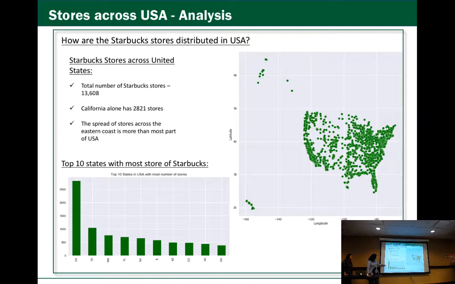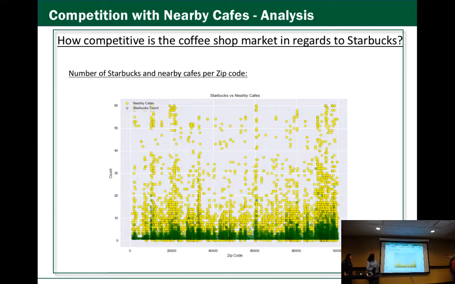California is number 1. Although Washington is the state where Starbucks first started their business, it comes in at number 3, followed by Texas.